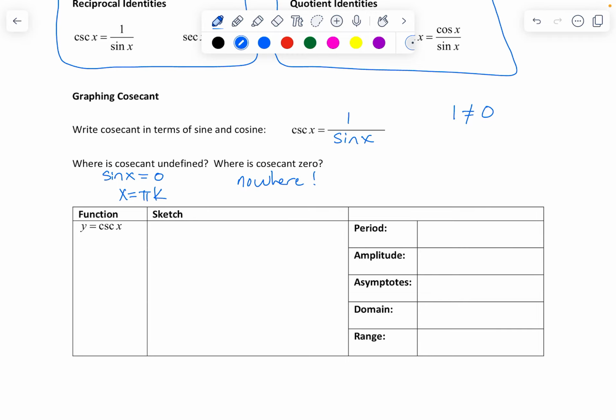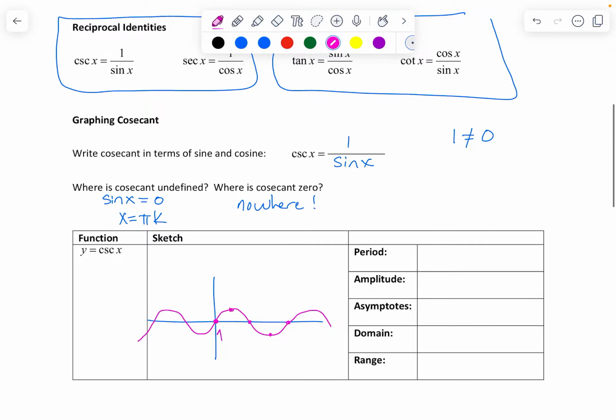So I'm going to graph sine in pink. Okay, so sine looks something like this. Remember we had our middle, our high, our middle, our low, our middle. There was one period. Okay, so that reminds us what shape we should follow. Well, at these points here, at our zeros, if I plug in something where I get a 0, I end up with 1 divided by 0.